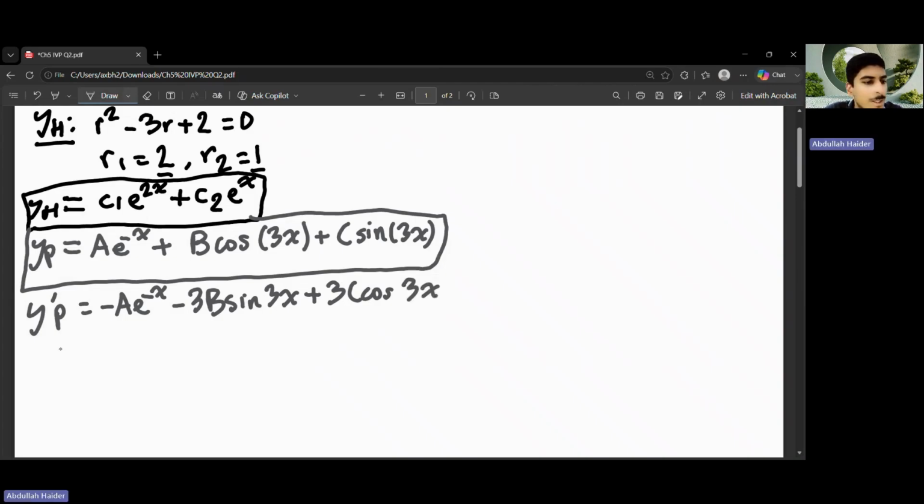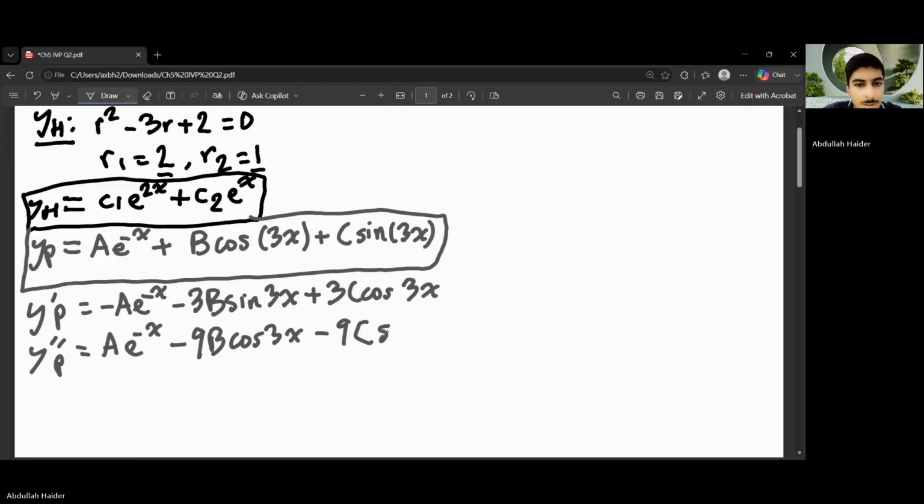This is your y prime, and then your y double prime of p will be a e^(-x) minus 9b cosine 3x minus 9c sine 3x. So this is your y prime p and y double prime p.